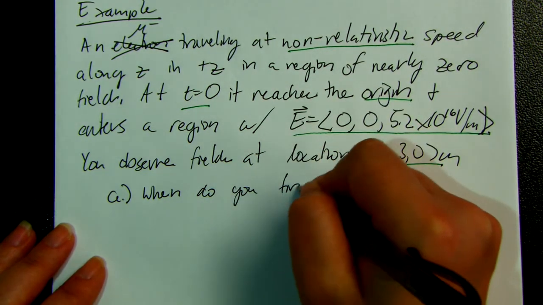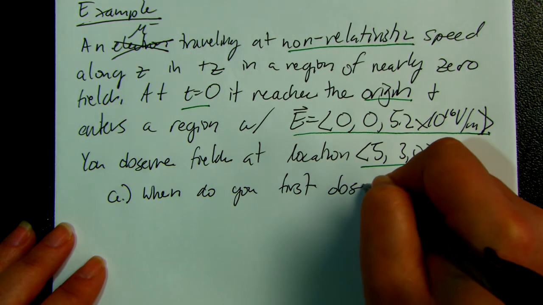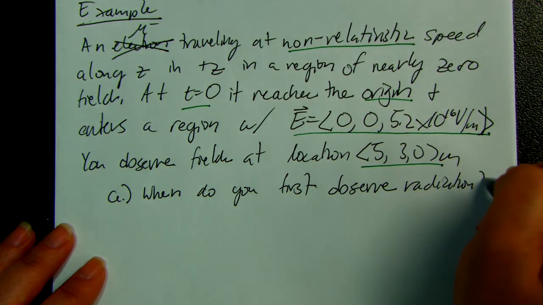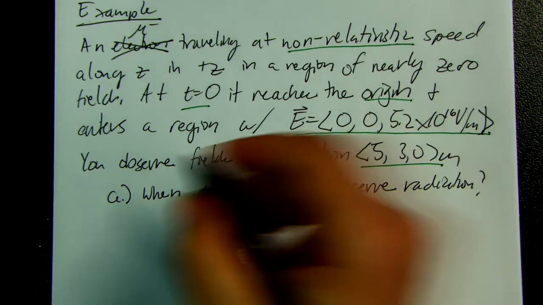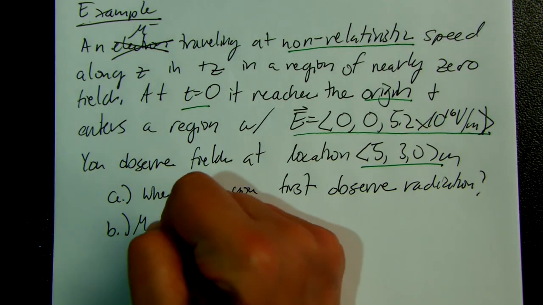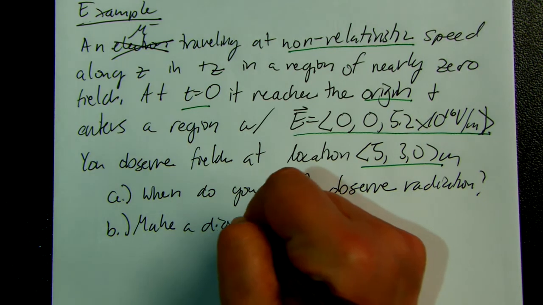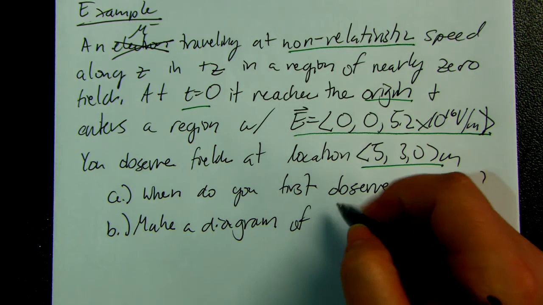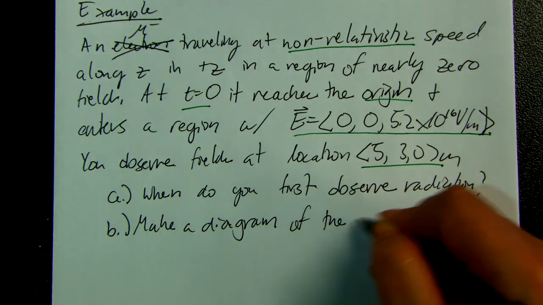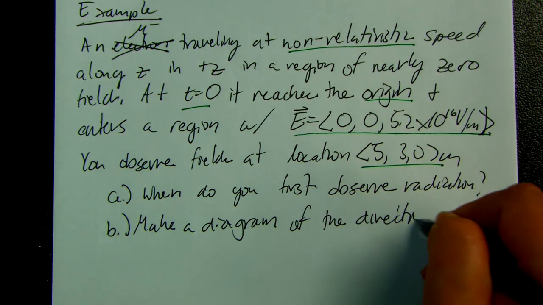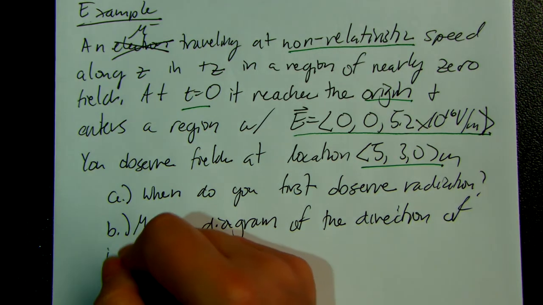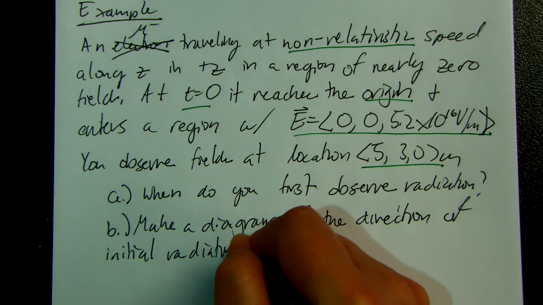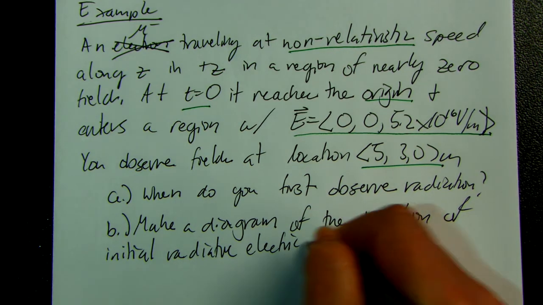Then we're going to make a diagram of the direction of the initial radiative electric field.